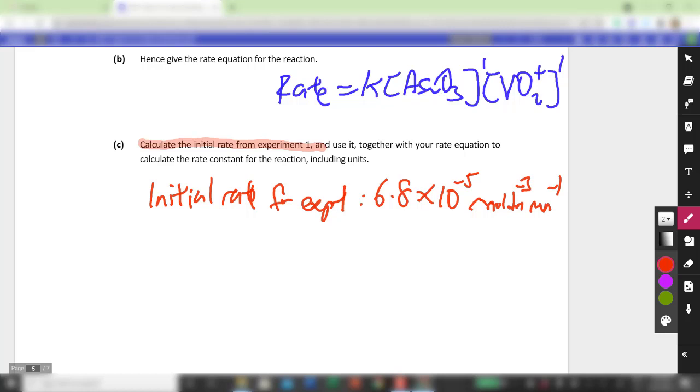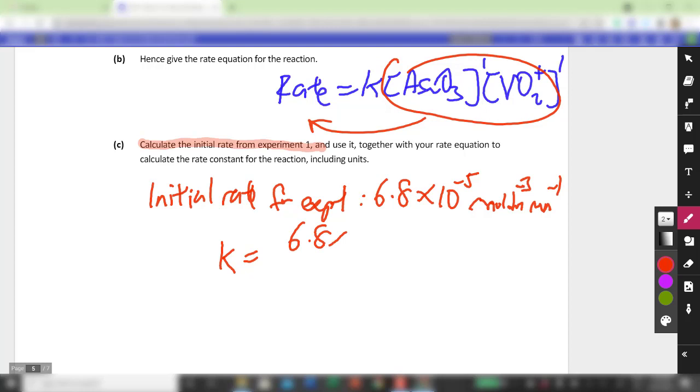In this case, your rate constant will be based on this, so you need to shift this portion over here. It will therefore be 6.8 times 10 to the power of minus 5 divided by the initial concentration of arsenic trioxide and then the initial concentration of vanadium(V).